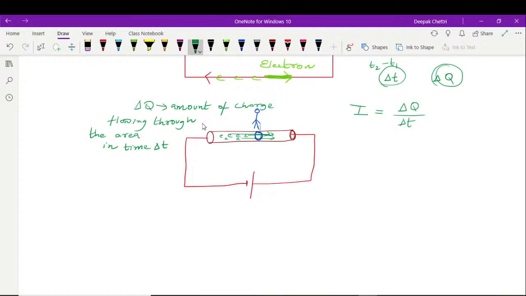Okay, that is delta q. I is clear. I is equal to delta q by delta t. I hope you know the meaning of the symbol delta by now. It represents change, right. Yes or no? Please answer quickly.